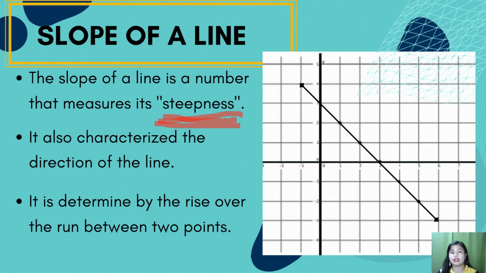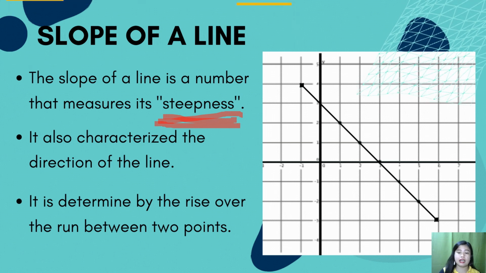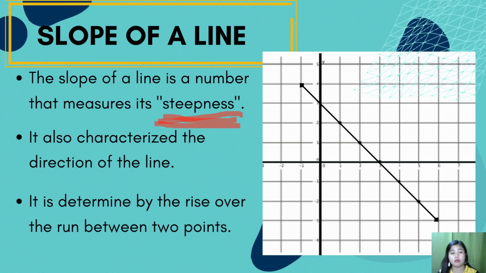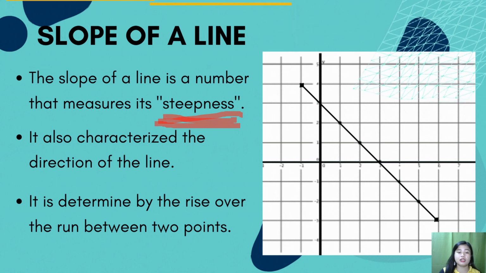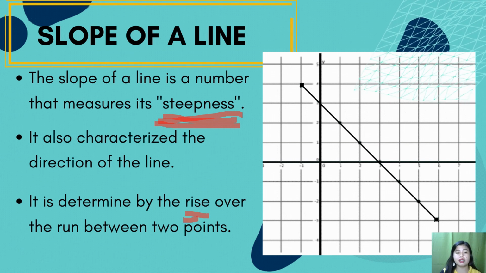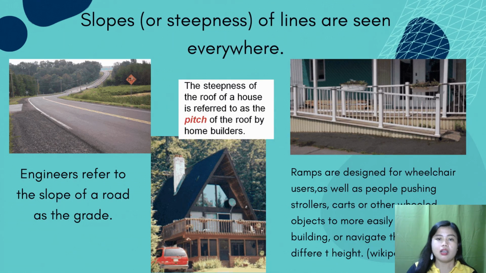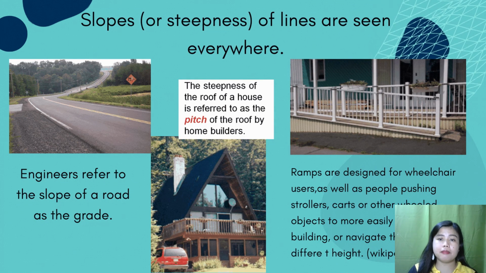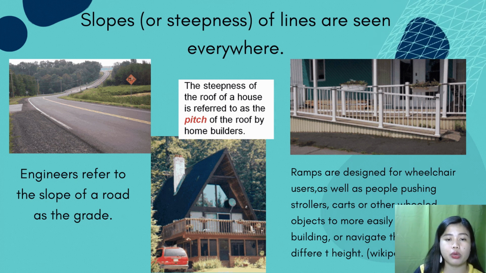It also characterizes the direction of the line, whether it's positive or negative. We can determine the slope of a line by rise over run between 2 points. Slopes or steepness of lines are seen everywhere. Yes, we can see them everywhere.